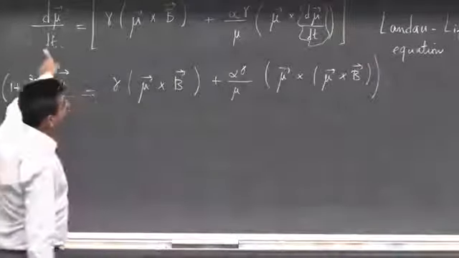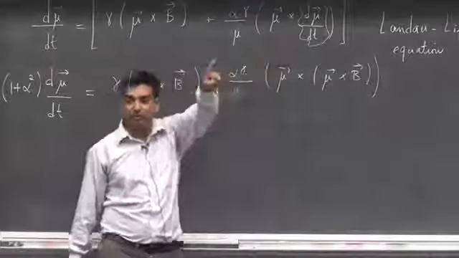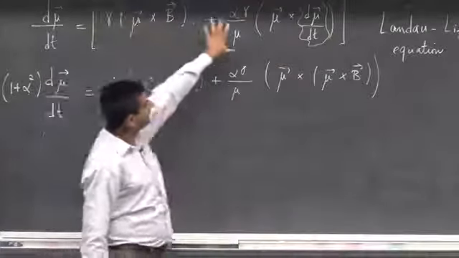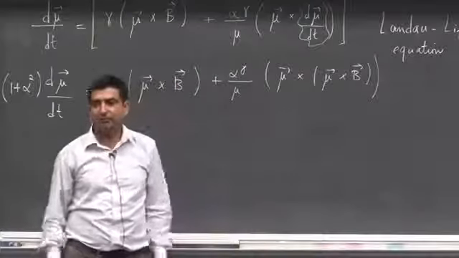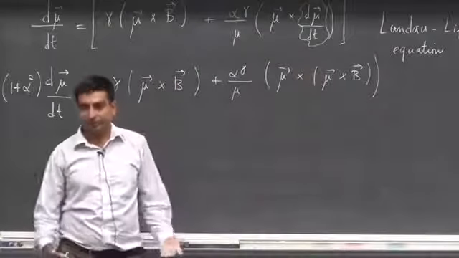So this is the Landau-Lifshitz equation, which is a phenomenological equation. This is coherent. This is a phenomenological term that is added to describe the decoherence or the relaxation.